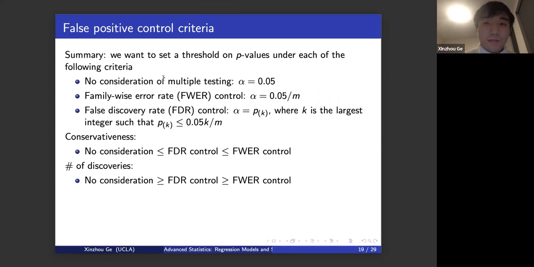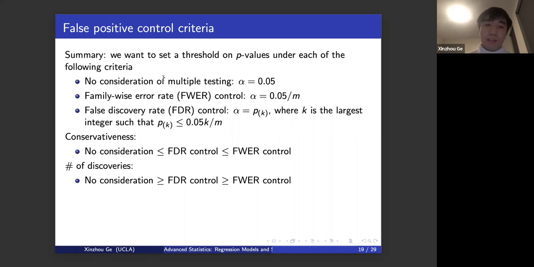To summarize, we need these corrections because we want to set a threshold on p-values which is more strict compared to the original p-value threshold. If we do not have any consideration of multiple testing, then the threshold will still be 0.05. But if we use family-wise error rate control, the threshold will be 0.05 over n.